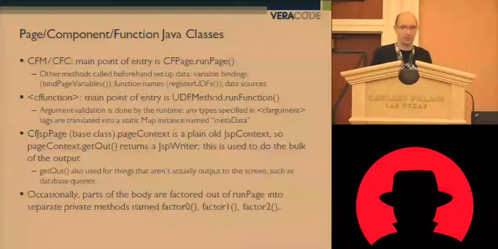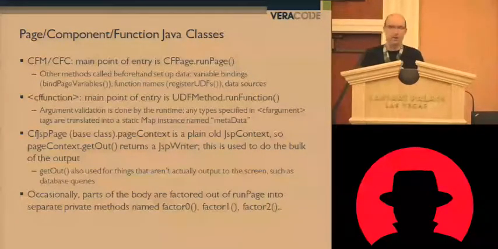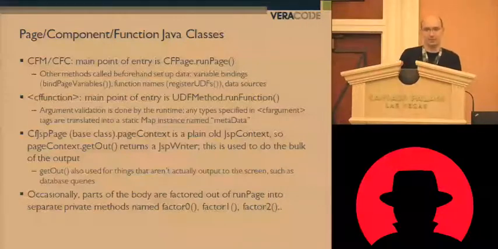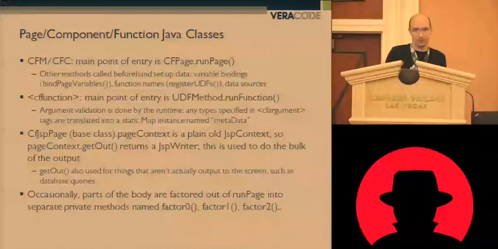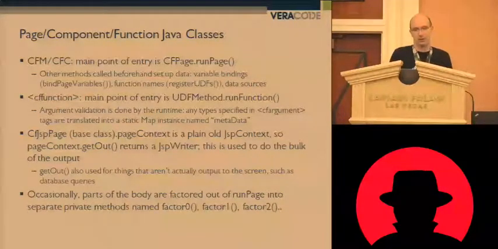The way these classes work in ColdFusion is that generally there's one function that is the entry point. For pages and components, that method is called runPage. For UDF methods, it's named runFunction.